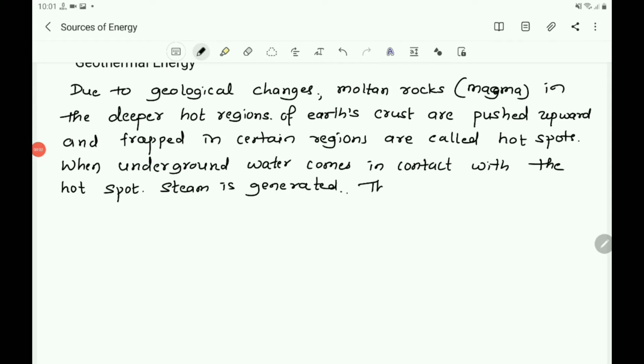This energy is called geothermal energy.